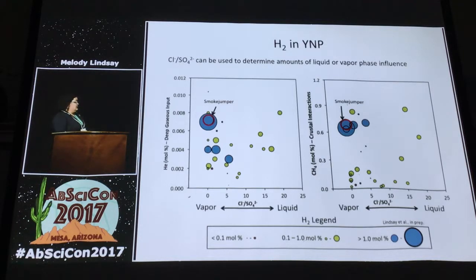This group of springs is characterized by a low chloride to sulfate ratio, so they're vapor phase influenced springs. They have high amounts of helium and high amounts of methane, and they have the second highest concentrations of hydrogen measured as a part of this data set in the park.